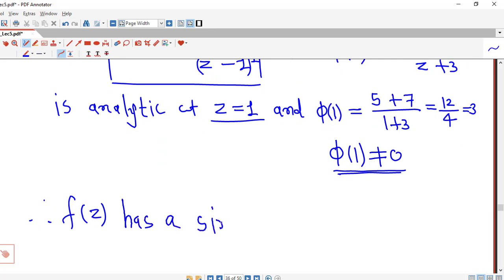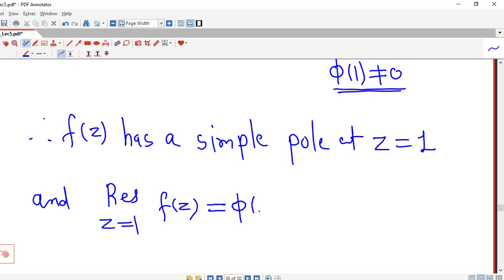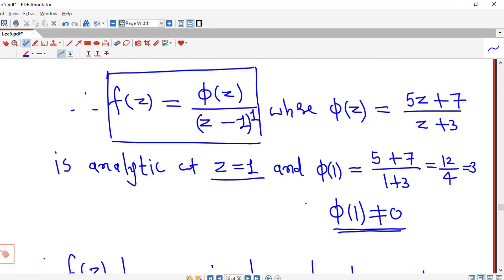f of z has a simple pole at z equal to 1, and the residue of f of z at z equal to 1 is equal to the value of function phi at z equal to 1, and that we have obtained as 3.